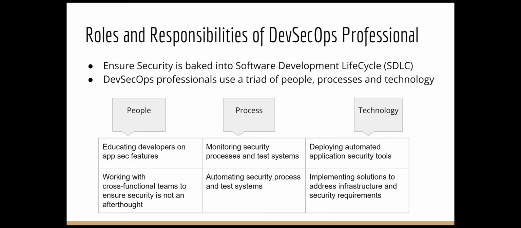They ensure that application developers as well as operation teams are very well educated about application security, and security is baked into the process and not an afterthought. Second is process. They ensure that monitoring and automating of security process and test systems is done. Third is technology. Developing automated application security tools and implementing solutions to address infrastructure and security requirements.